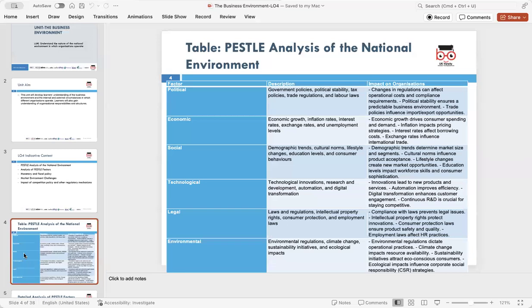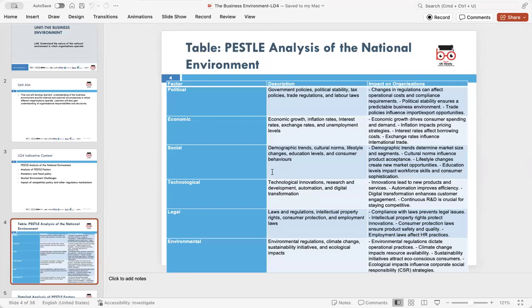Next are legal factors: laws, regulations, intellectual property rights, consumer protection, and employment. So, compliance with laws prevents legal issues, intellectual property rights protect innovation, and consumer protection laws ensure product safety and quality. Then environmental factors: regulations, climate change, sustainability initiatives, and ecological impacts.